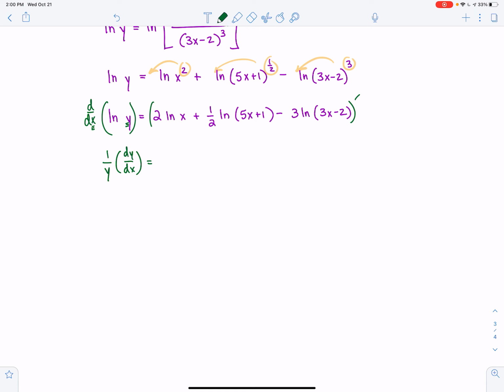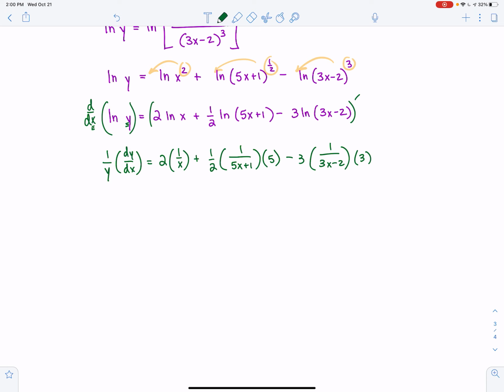Here we go. 2 times the derivative of the natural log of x is just 1 over x, plus 1 half times 1 over 5x plus 1 times the derivative of 5x plus 1, minus 3 times 1 over 3x minus 2 times the derivative of 3x minus 2.